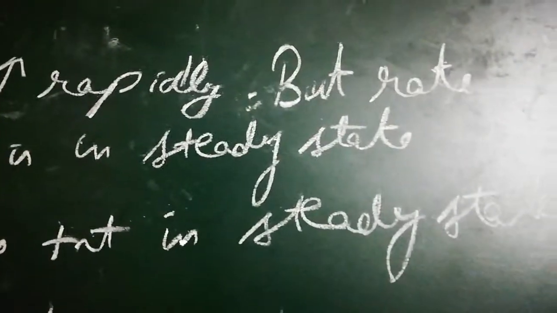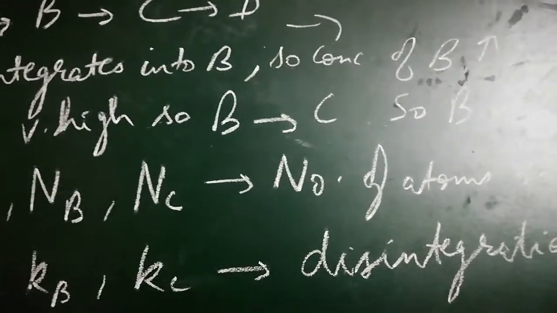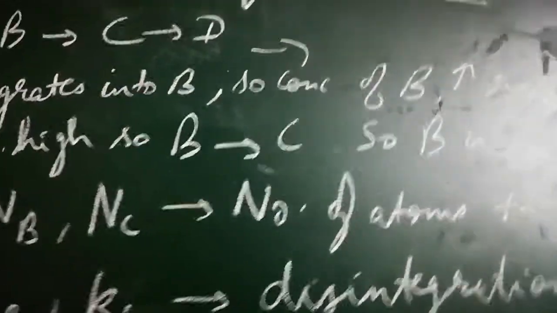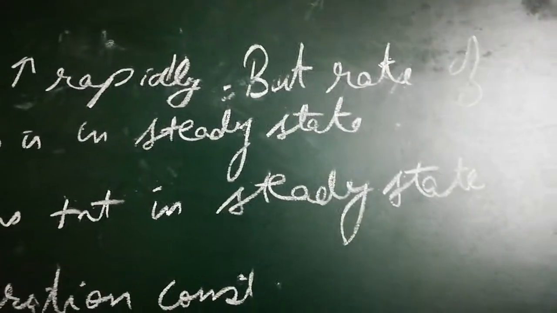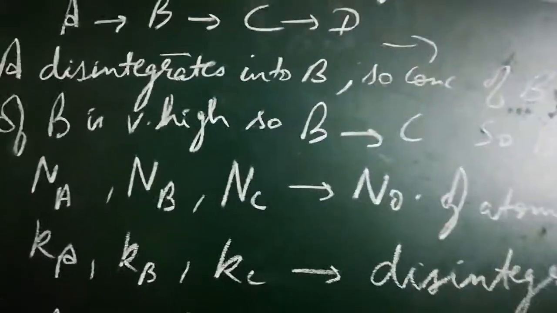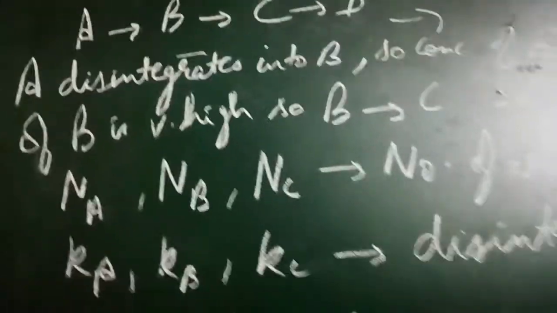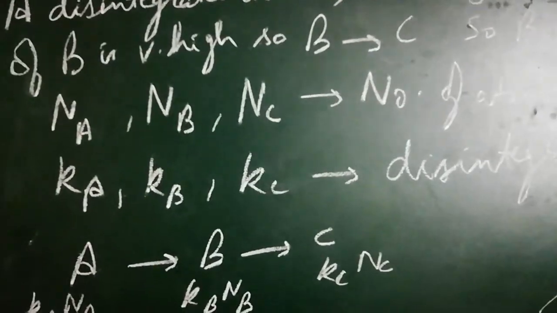is rapidly converted to C. B rapidly disintegrates into C. So the concentration of B is high, but B is converted to C. So we can say that B is in steady state. Steady state means as soon as B is formed, B is converted to the next product, that is C. Let us suppose Na, Nb, Nc are the number of atoms present in the steady state, and Ka, Kb and Kc are the disintegration constants of these.